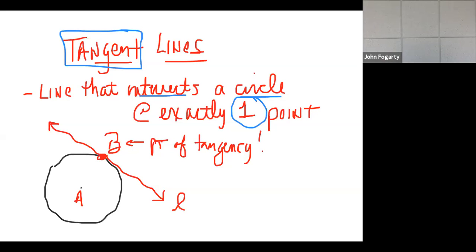For example, this line here is not a tangent line. Why not? Because it intersects the circle at two points. Does that make sense? The point where the line intersects the circle is called the point of tangency, okay?